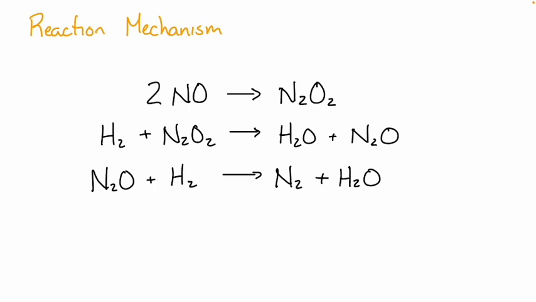We got 2 nitrogen monoxides coming together to form dinitrogen dioxide. Hydrogen gas reacts with that dinitrogen dioxide to produce water and dinitrogen monoxide, which then goes on to react with another molecule of hydrogen gas to produce nitrogen and water. So we got these 3 elementary steps.